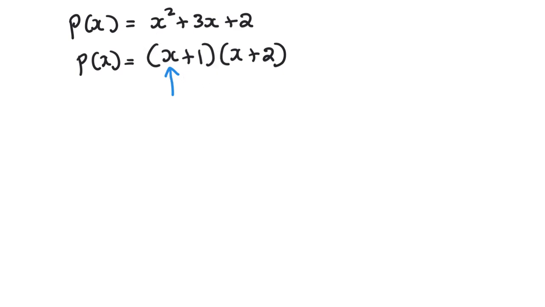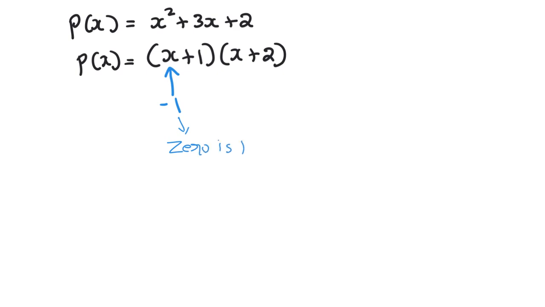It should be minus 1, isn't it? If I put x as minus 1, will this become 0? If this becomes 0, then the whole thing becomes 0. In other words, if I put x as minus 1, is the whole polynomial getting 0? It is. So can I say minus 1 is the zero of this polynomial?